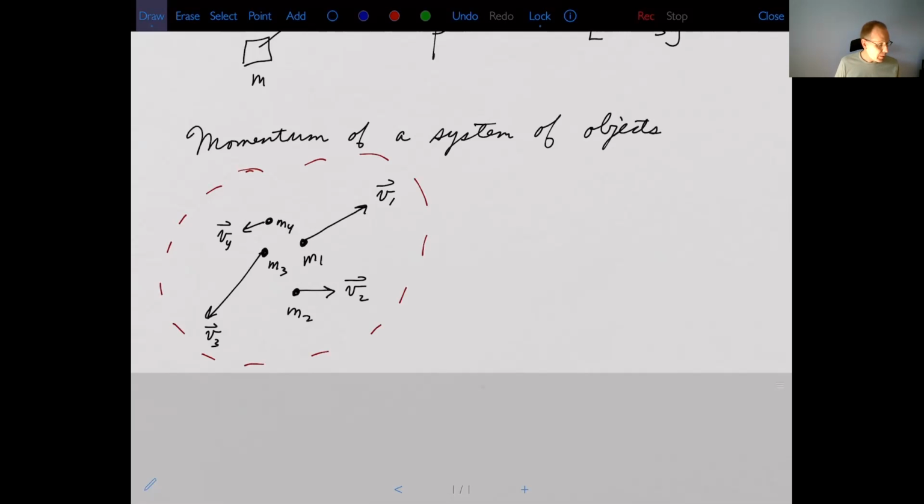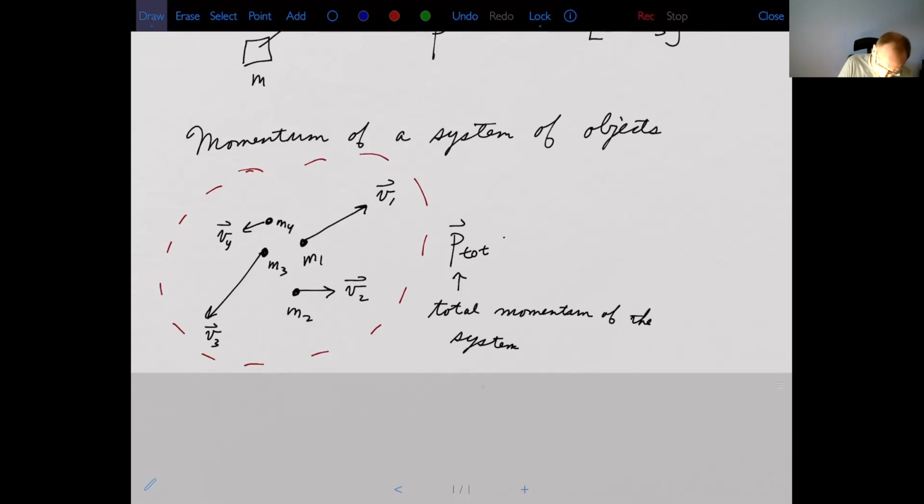And one thing we may want to calculate is what's called the total momentum of that system. So P total. This is the total momentum of the system. The way that you compute that is you find the momentum of each object or each particle in the system, and you simply sum them all together, right? But remember, they're vectors, so really you're adding a bunch of vectors together.